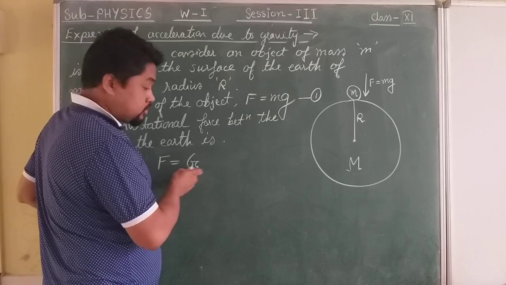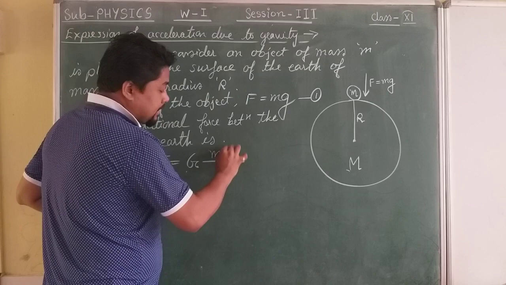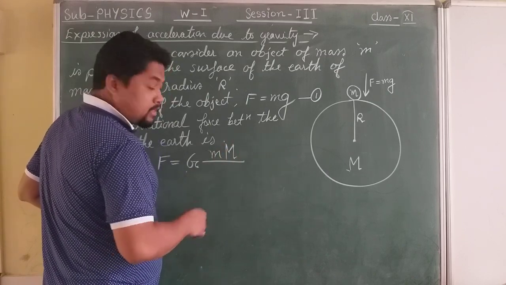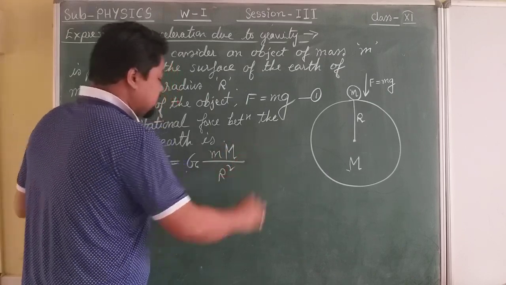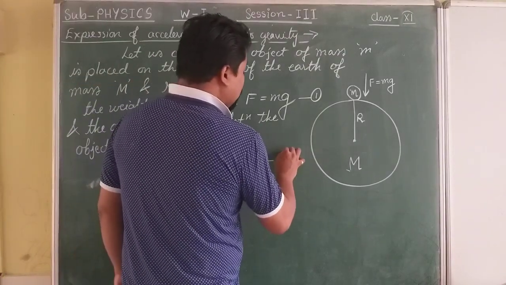Universal gravitational constant. Small m, mass of the object, capital M, mass of the earth, divided by distance square, that is r square. This is equation number 2.